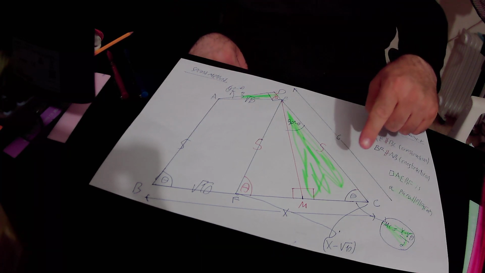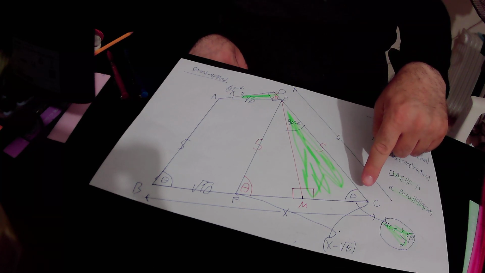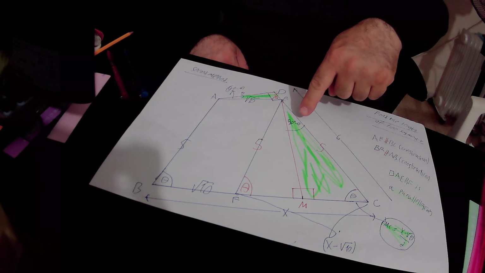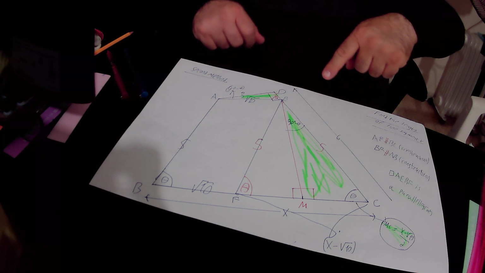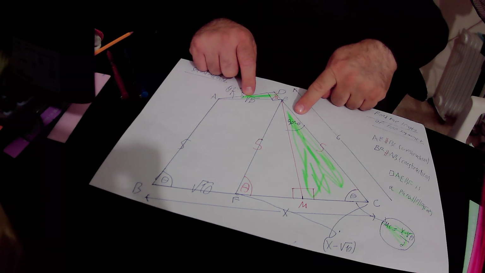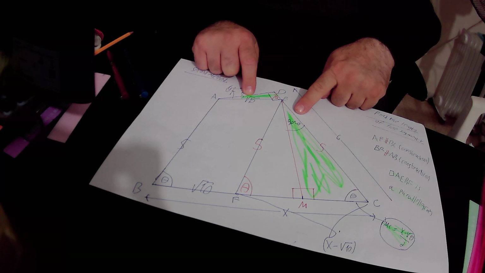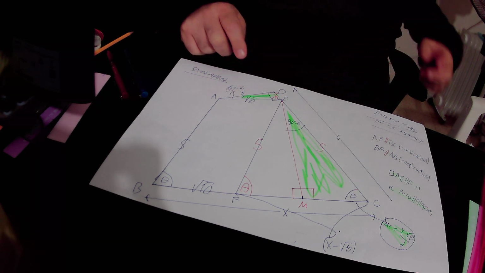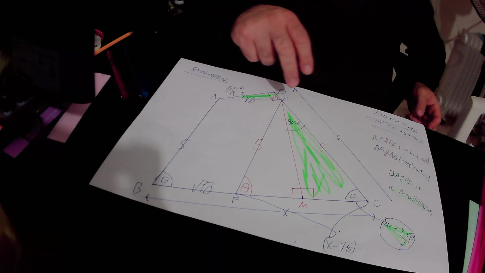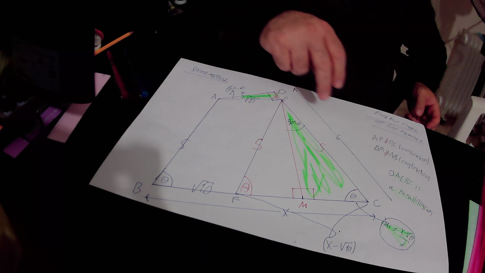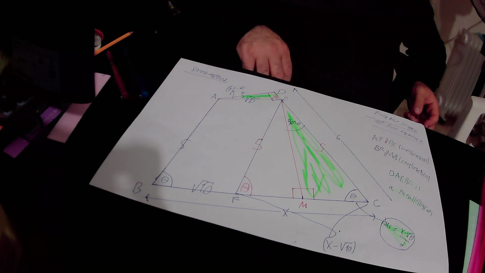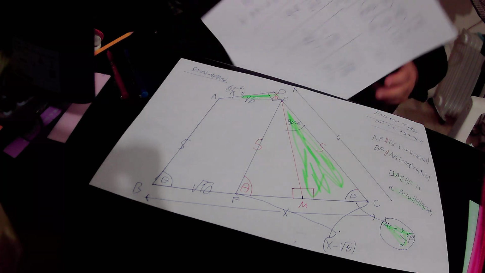Likewise here, this angle equals 90 degrees, this angle equals theta, so this angle must also be 90 degrees minus theta. So all the angles of triangle ADE are equal to the angles of triangle MEC, therefore those two triangles are similar by the angle similarity rule.